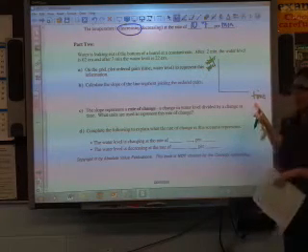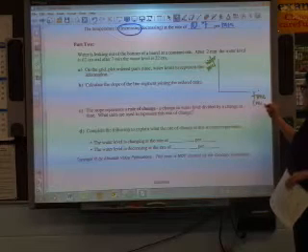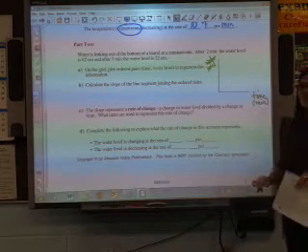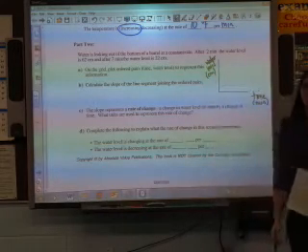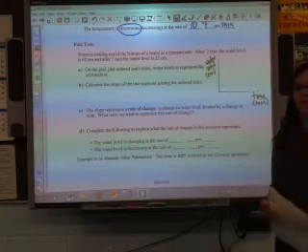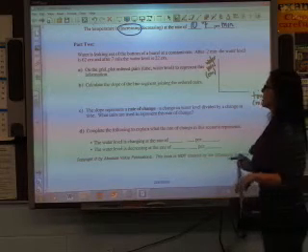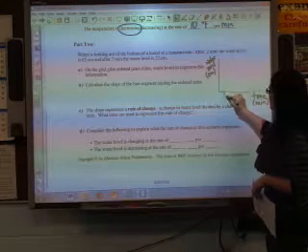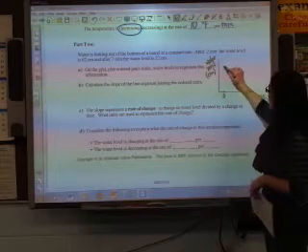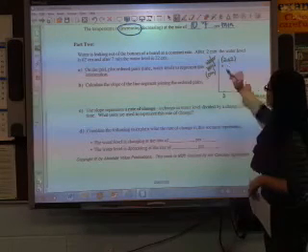What is time measured in? Minutes. And what's the water level measured in? Centimeters. You want to put these on your graph. You want to know what your measuring tool is because it will help you when you're answering those questions. So 2 minutes and 62 centimeters, so there's 2 and 62.